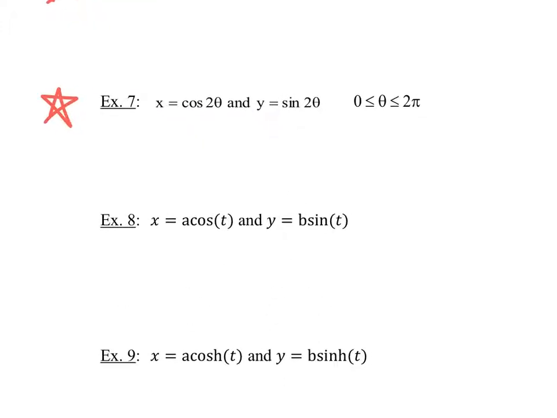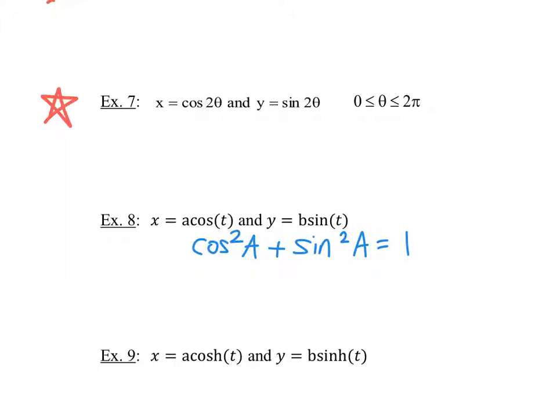But for number 8, we have coefficients a and b in front of the trig function. So again, I know that cosine squared theta, but I'm going to use a, plus sine squared a is equal to 1. That I know.